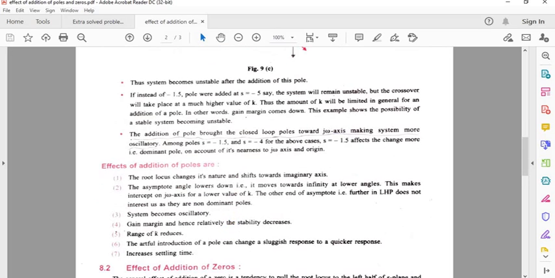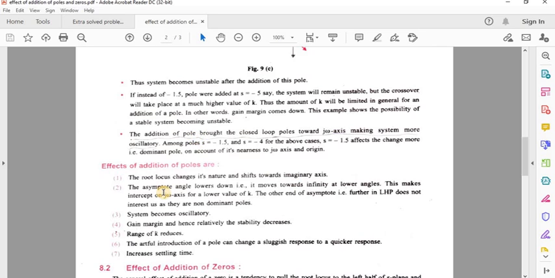So the effects of addition of poles are that the root locus changes its nature and shifts towards the imaginary axis. Okay, you can clearly see, by addition of two poles at s equal to 0 and s equal to minus 1.5, the root locus changes its nature and shifts towards the imaginary axis.